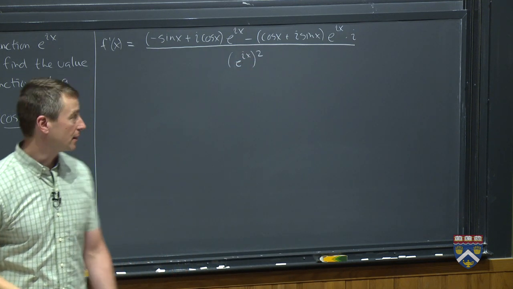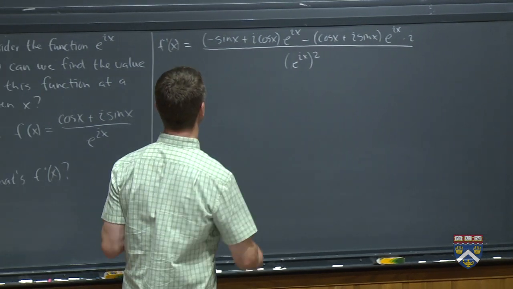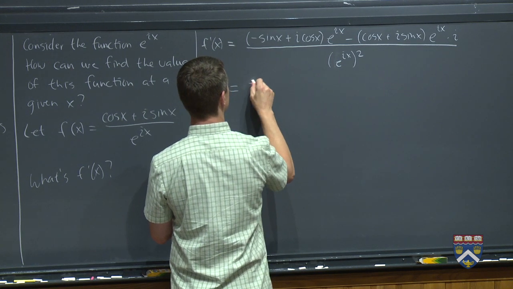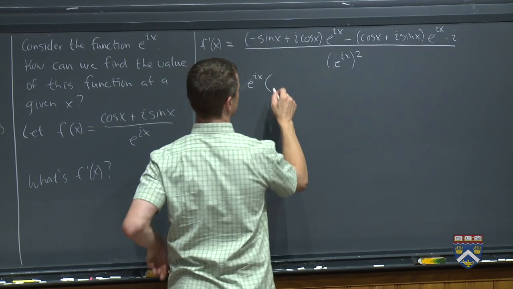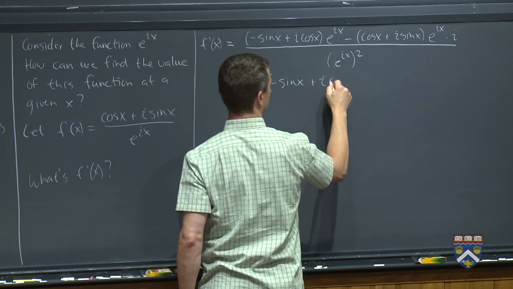So let's see what happens here. On the top, I can see that I've got an e to the ix in both of these terms. So I can factor out an e to the ix. And let's see what's left over. There's a negative sine x here. There's an i cosine of x here.